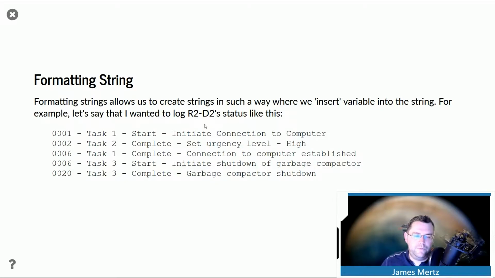We've got 001, and that's task 1 starts, initiate connection to the computer, and then at time 2 we start task 2, complete, set urgency level to high, and then at time 6 task 1 is complete, connection to computer established, and then at time 6 again, we start task 3, initiate shutdown of the garbage compactor. And then finally at time 20, task 3 is complete and garbage compactor has been shut down.